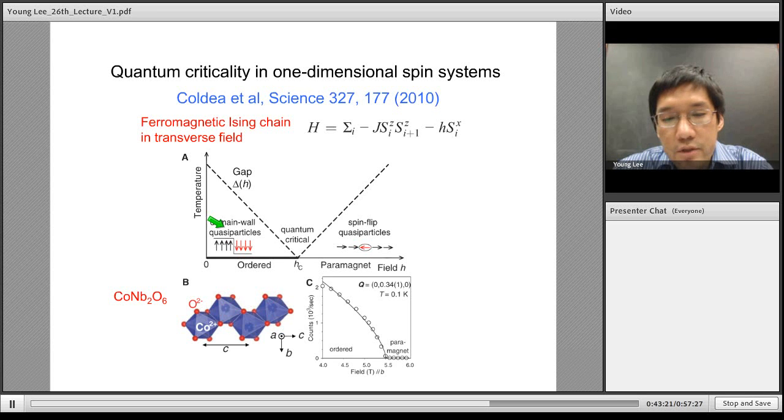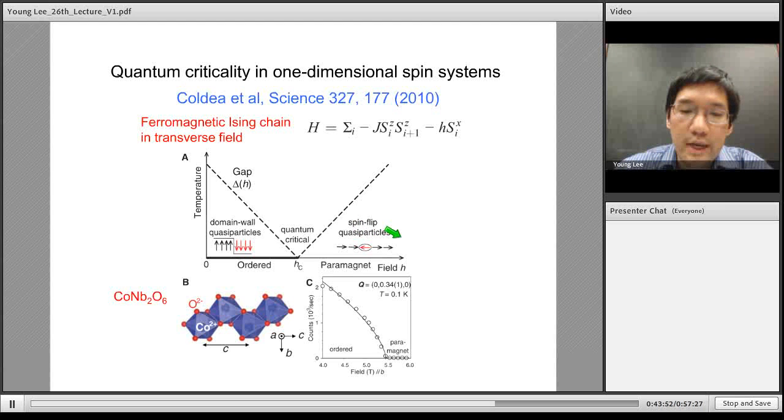Now, what happens in high fields? Well, in high fields, again, this is in the direction perpendicular to the easy axis. You want to align all the moments in the direction of the field. And in that case, you need to have some superposition states of your up-down in order to get this effective moment direction along x.